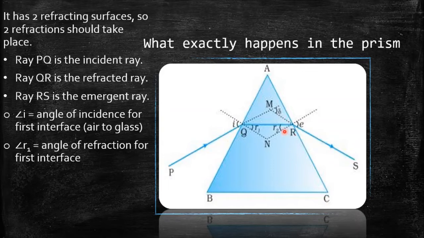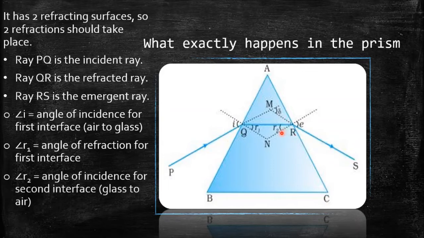Obviously R2 becomes my angle of incidence for the second interface, that is the glass to air interface, and angle E is going to be my angle of emergence this time. Although you can call it the angle of refraction again, because we are reserving the R's as the angle of refraction in the derivation ahead, you can say that E is the angle of emergence.